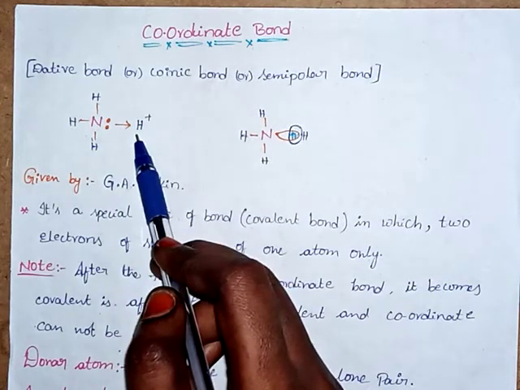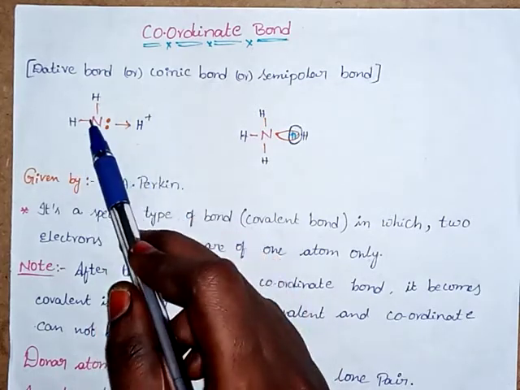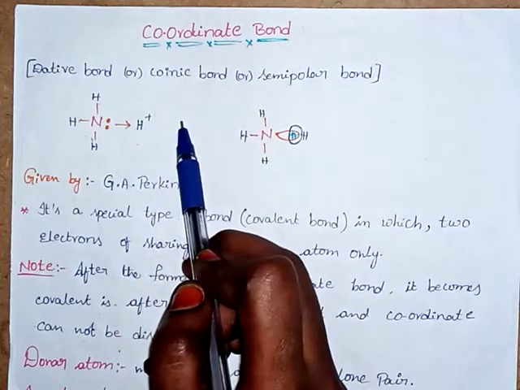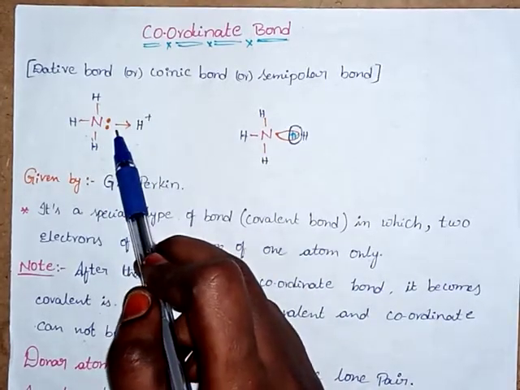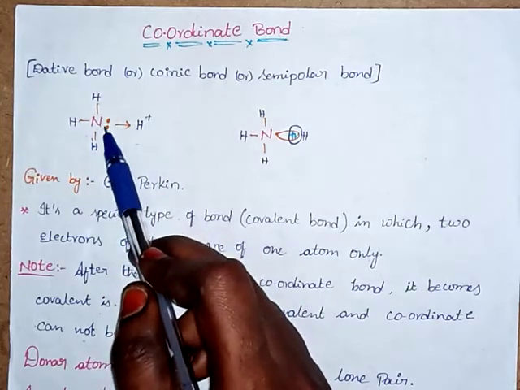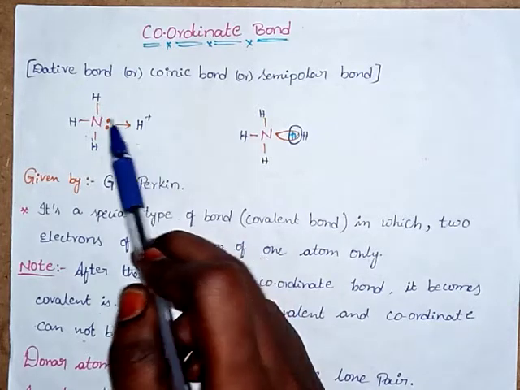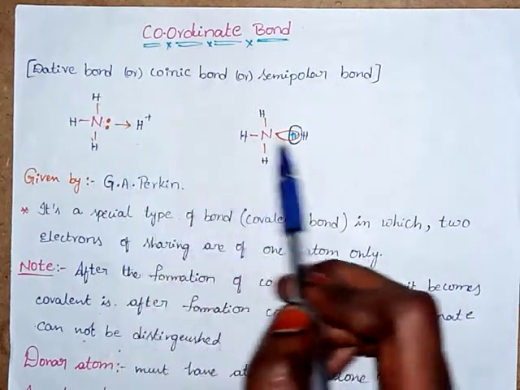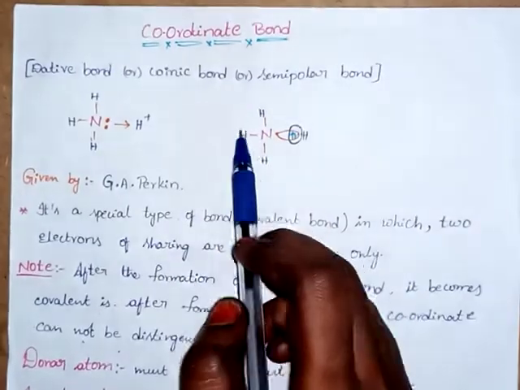So whenever this kind of bond formation occurs, where one atom donates the pair, it forms a coordinate bond. This lone pair will be donated to this hydrogen atom, and then the bond is formed. This kind of bond we call a coordinate bond.